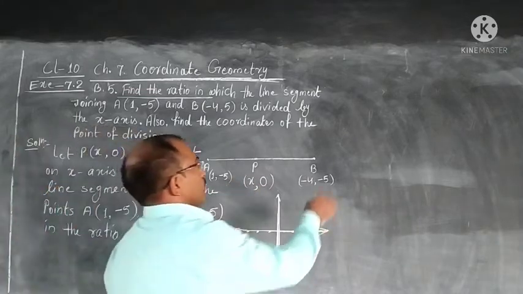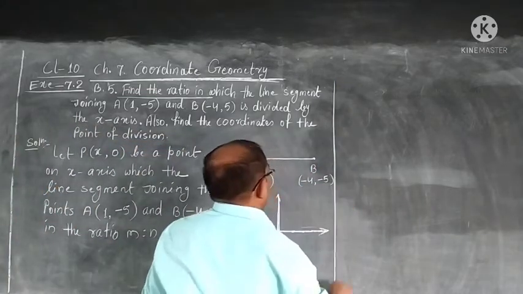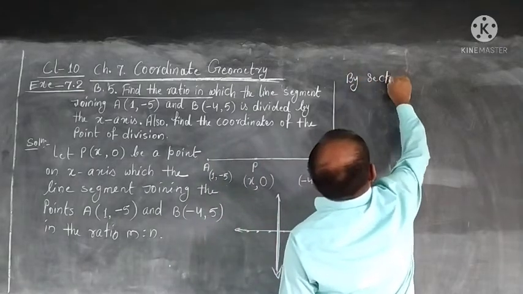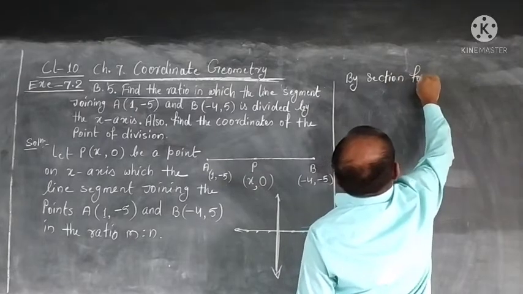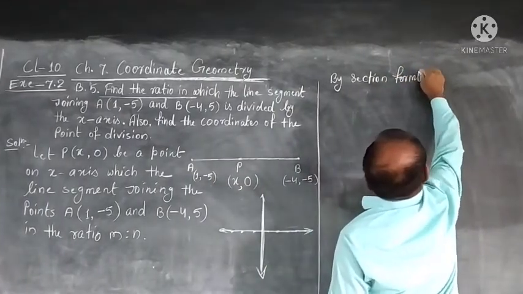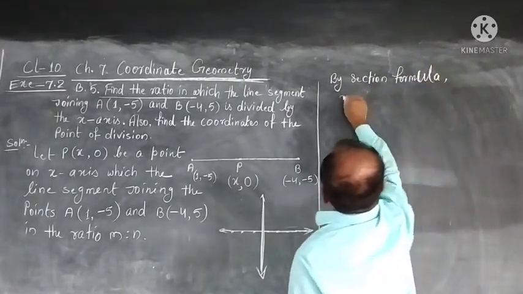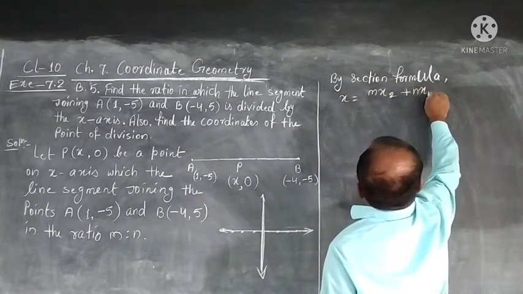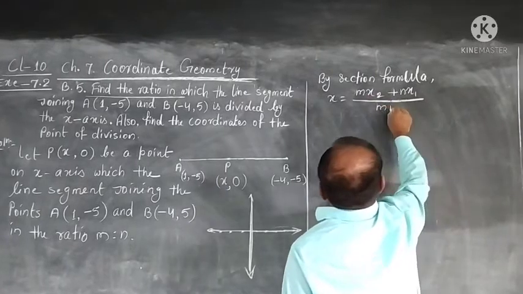Let us see. First we will use the section formula. y is equal to (m y2 plus n y1) by (m plus n).